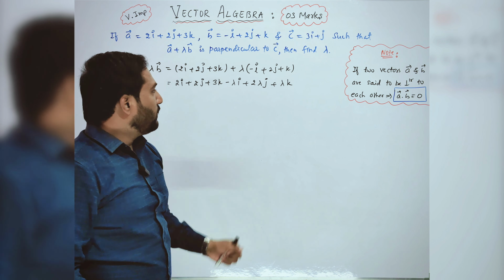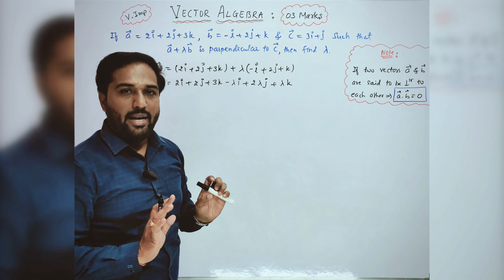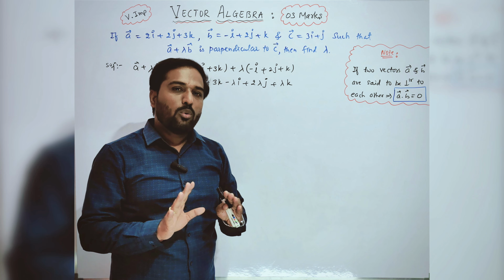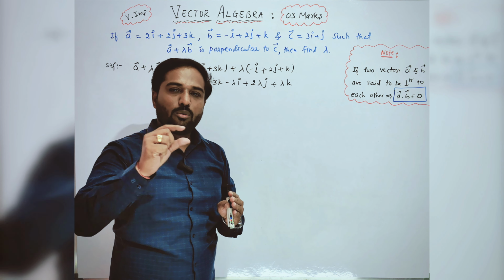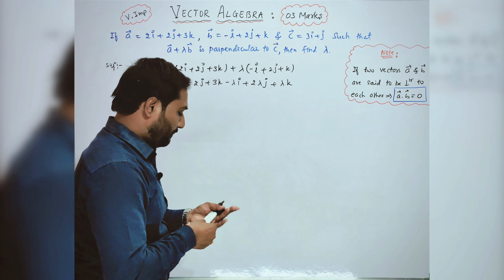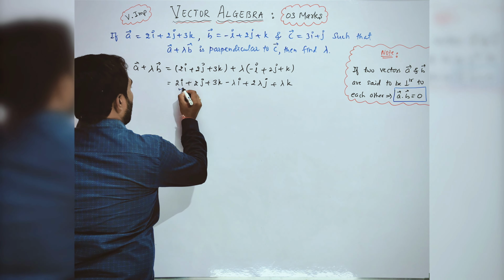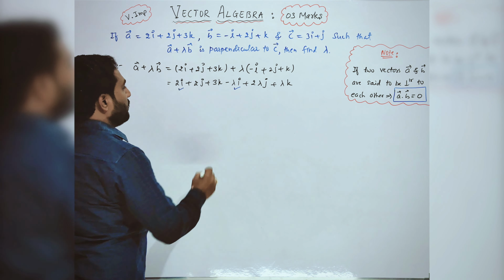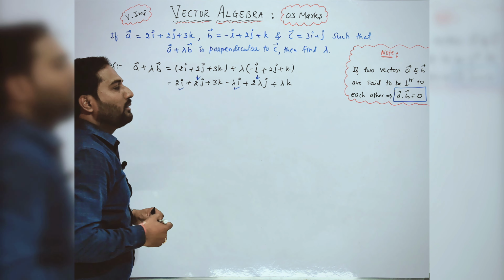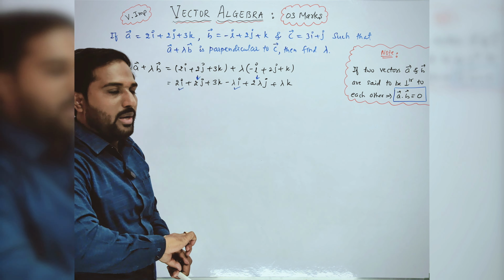Now what we need to do, these two vectors should be added. So how to add the two vectors? This is very simple. You need to add the i term with i, j with j and k with k. So this is i with i, j with j, and the last one k with k. You need to add them.